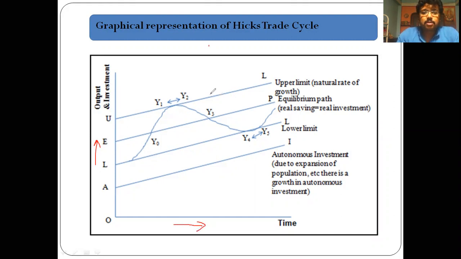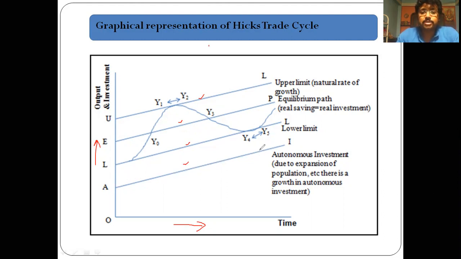Here are four upward rising lines: 1, 2, 3, and 4. AI is the autonomous investment.